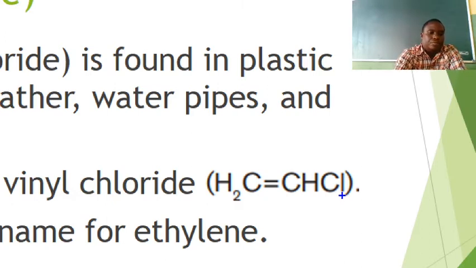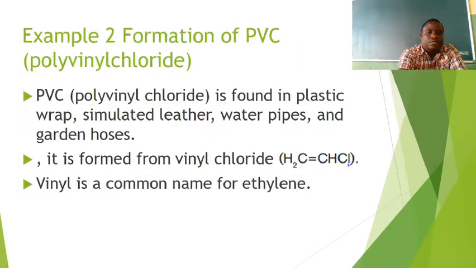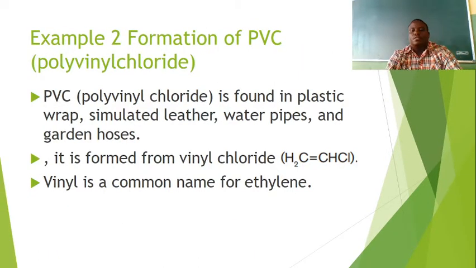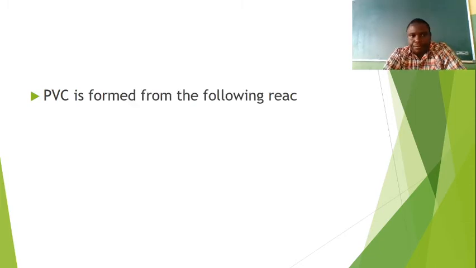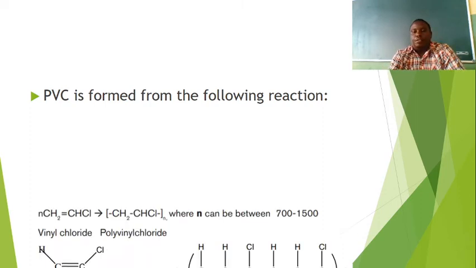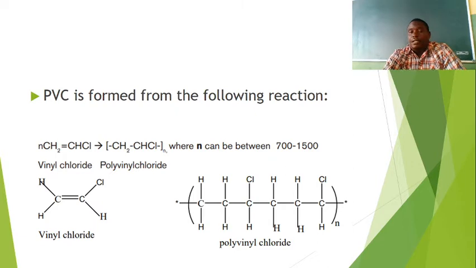So let us move on to the other example. But before leaving this, I cannot leave without telling you that PVC is formed from the following reaction. You can see the vinyl chloride here, and the vinyl chloride is a simple monomer.